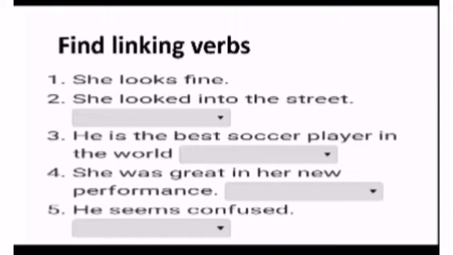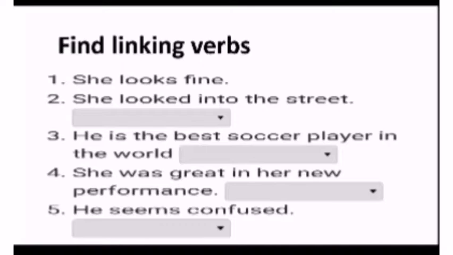She looks fine. Here the subject is linked with the adjective fine. So it is a linking verb. Second sentence, she looked into the street. Here a verb phrase is used, looked into, and where and what? It is the street. So it is an ordinary verb.